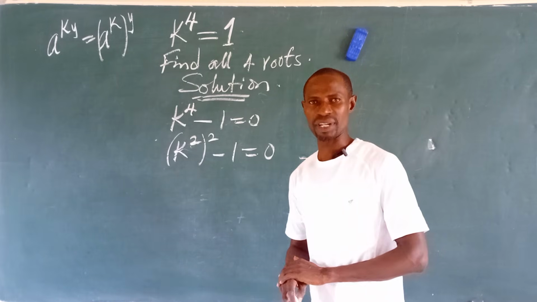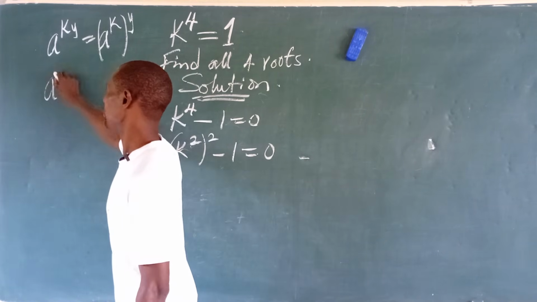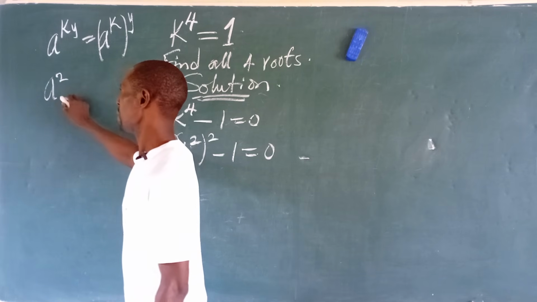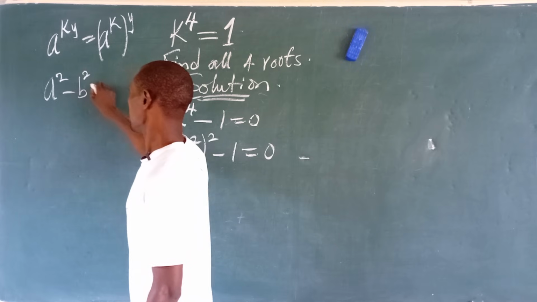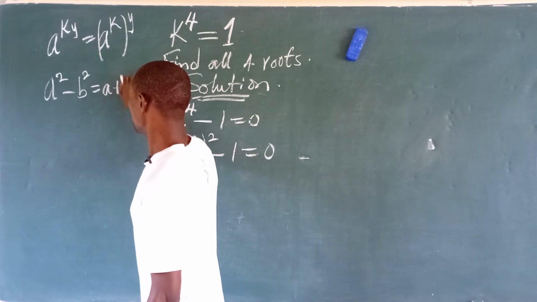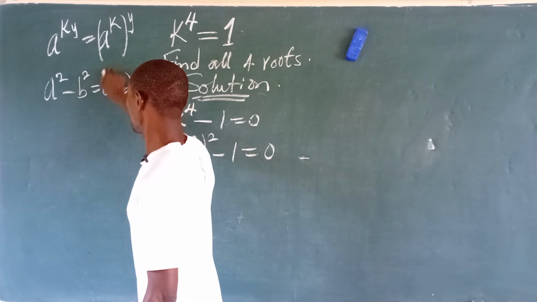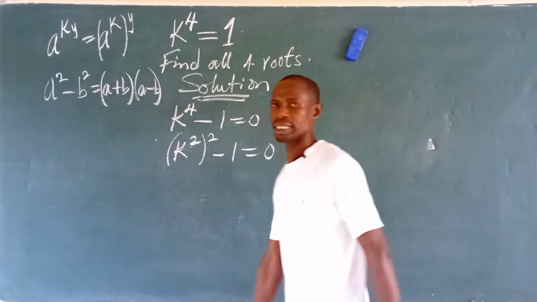And we have what is called the difference of 2 squares, which says that a to the power of 2 minus b to the power of 2 is equal to a plus b, or in bracket a minus b.